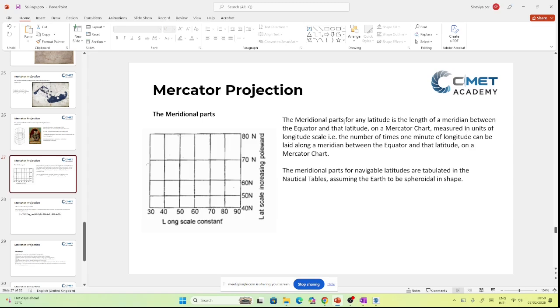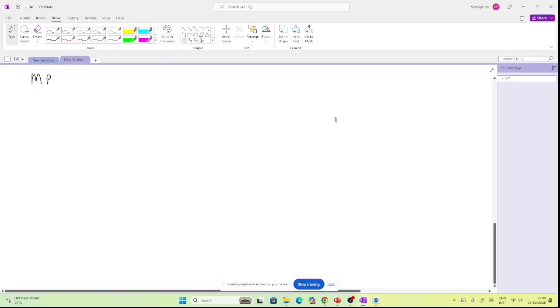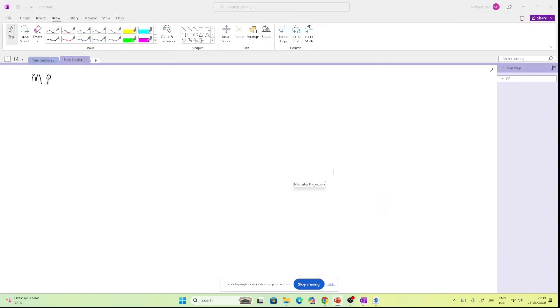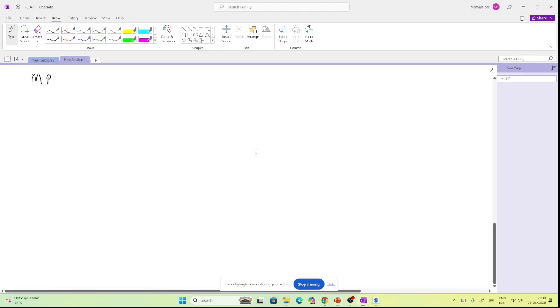So we'll divide this definition into a couple of points. First one is the length of a meridian between the equator and that latitude on a Mercator chart. So this needs to be a Mercator chart, measured in units of longitude scale. So what is the first thing? Right.